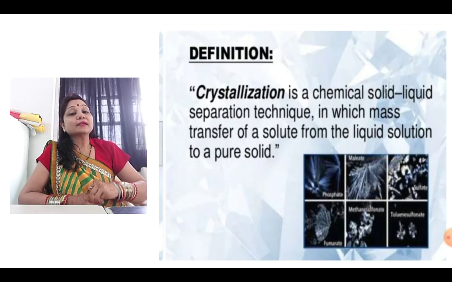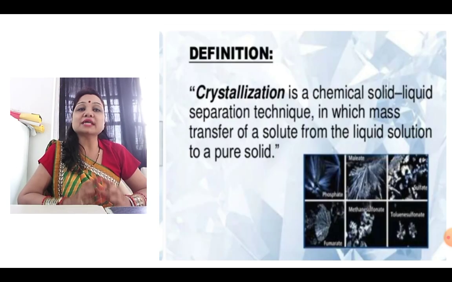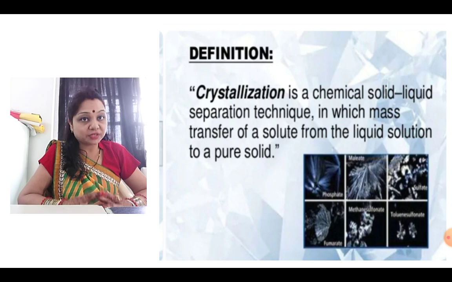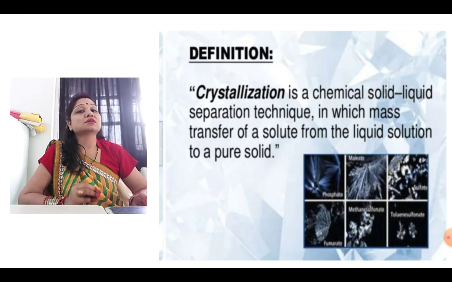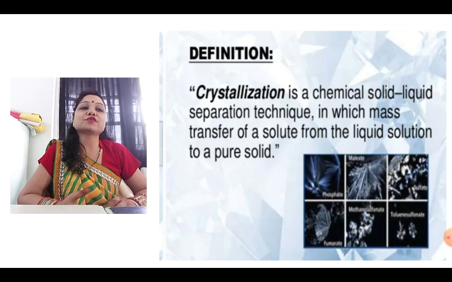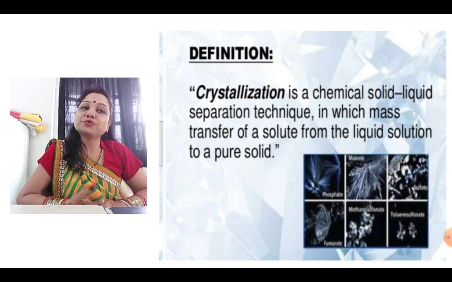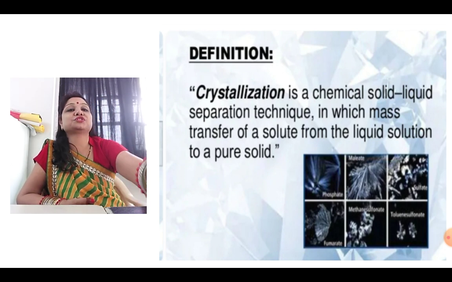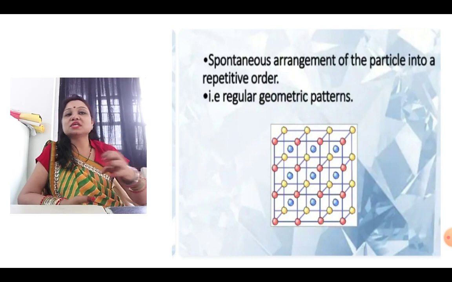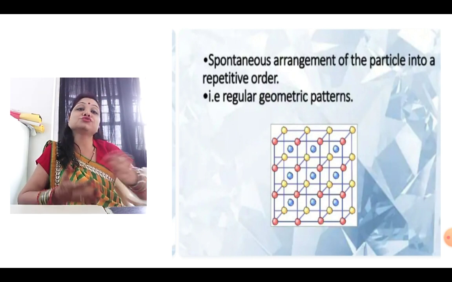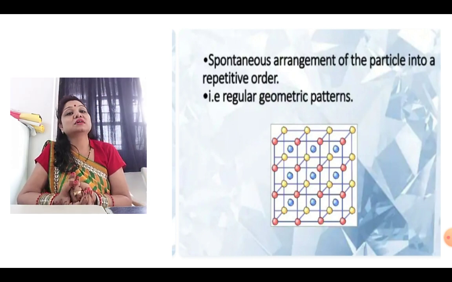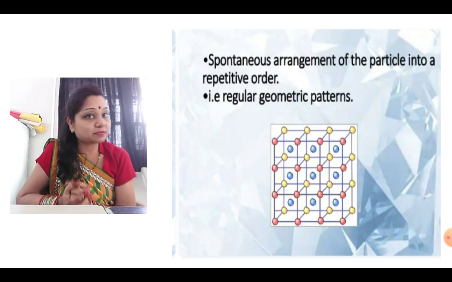Okay. Now crystallization. It is a chemical solid-liquid separation technique in which mass transfer of a solute from the liquid solution to a pure solid takes place. Crystal formation takes place through the spontaneous arrangement of particles into a repetitive order in regular geometric patterns.